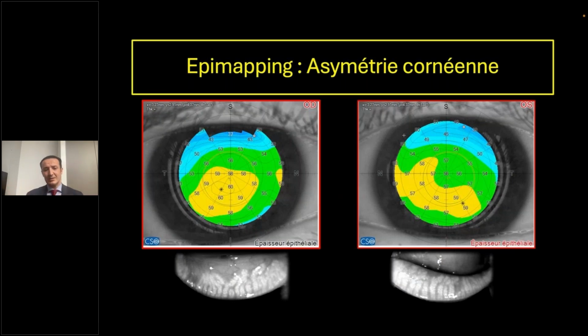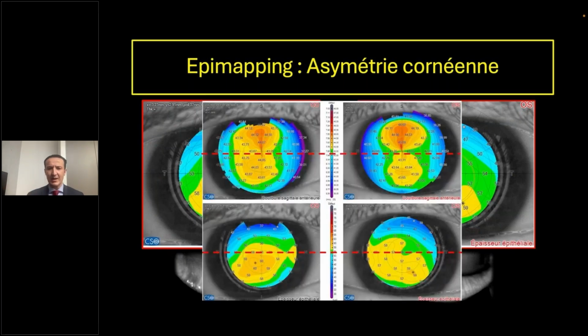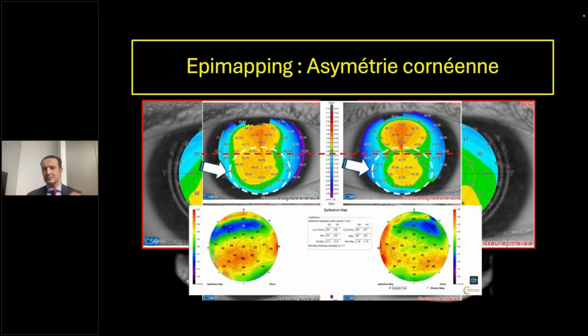This is a case of epithelium mapping from the CSO, and sometimes the reading of the results is very difficult. And look here, we can imagine some hyperplasia in this case of the asymmetry. But when you perform the same exam with the Solix, it's more clear.